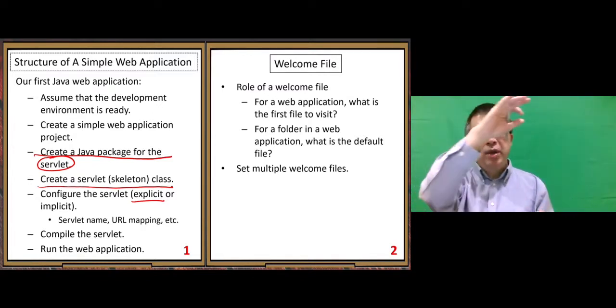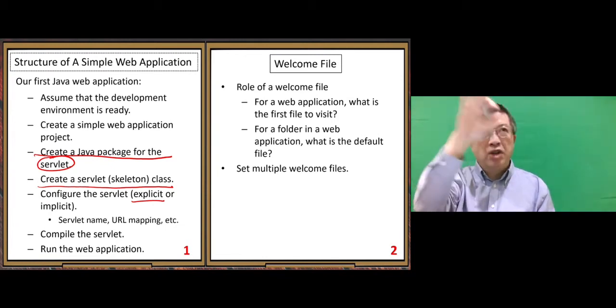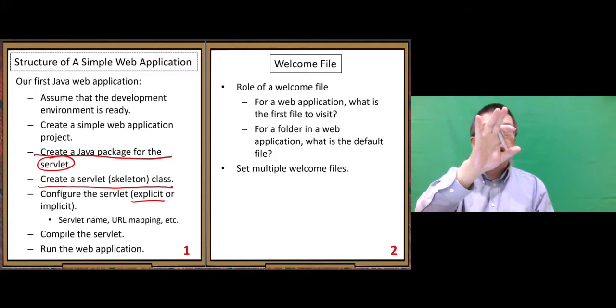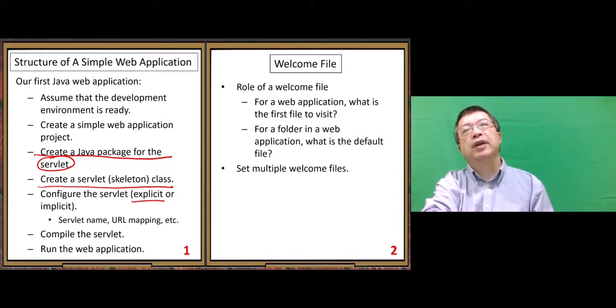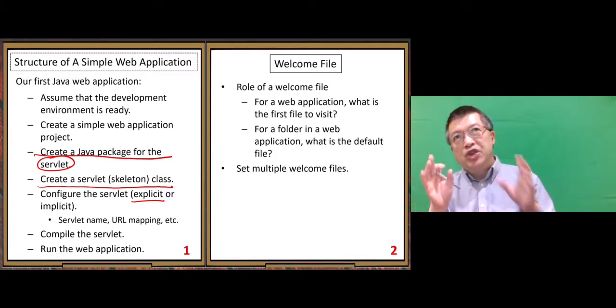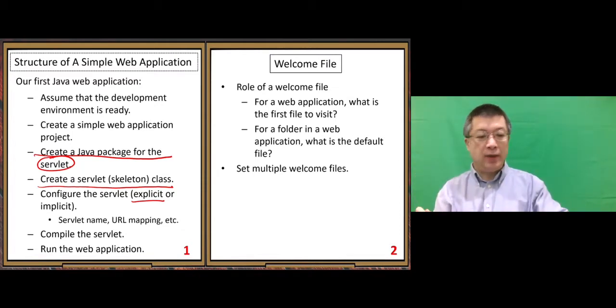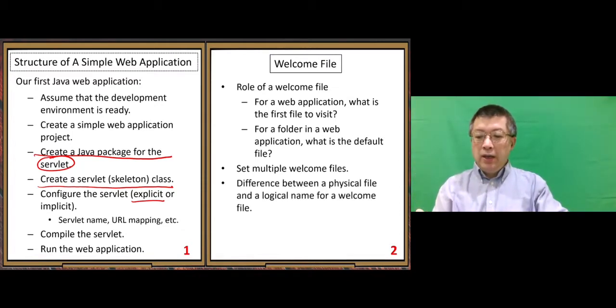So usually people put several possible welcome file names in the configuration file. Later, when I show you our first Java web application, you will see it. There is a list of welcome files.